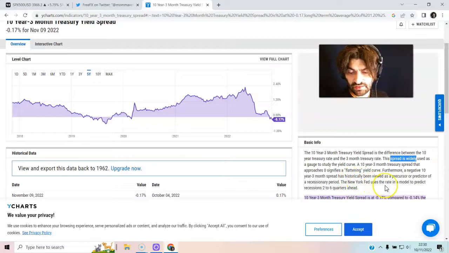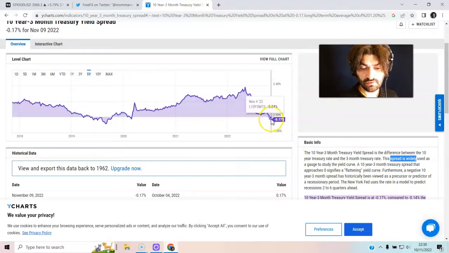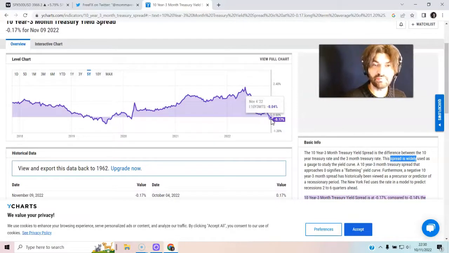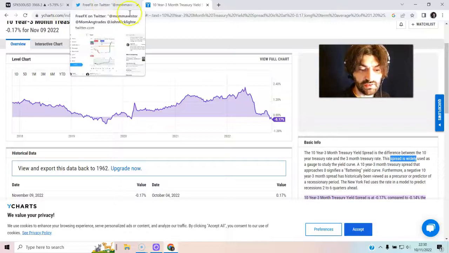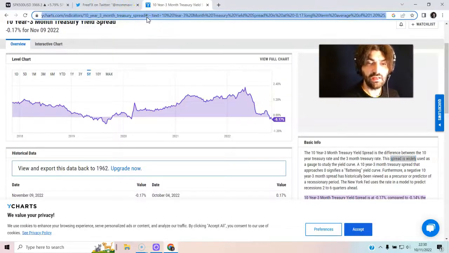The New York Fed uses the rate in a model to predict recessions 2 to 6 quarters ahead. So we've gone below zero in November. Okay, so 2 quarters ahead is not very long. Obviously, we're looking at summer. So yeah, that's not very reassuring. So that's not changed. What else?